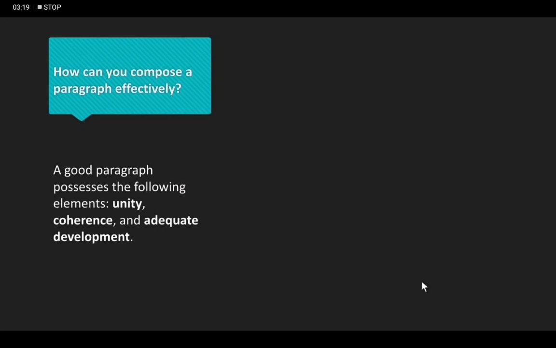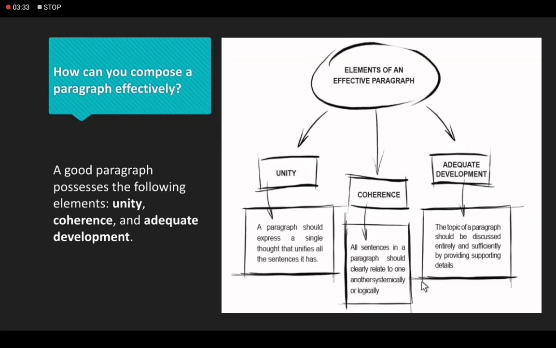So how can you compose a paragraph effectively? Well, a good paragraph possesses the following elements. First, unity, second, coherence, and third, adequate development. As we can see in the illustration, the elements of an effective paragraph are unity. The paragraph should express a single thought that unifies all the sentences it has. Coherence.